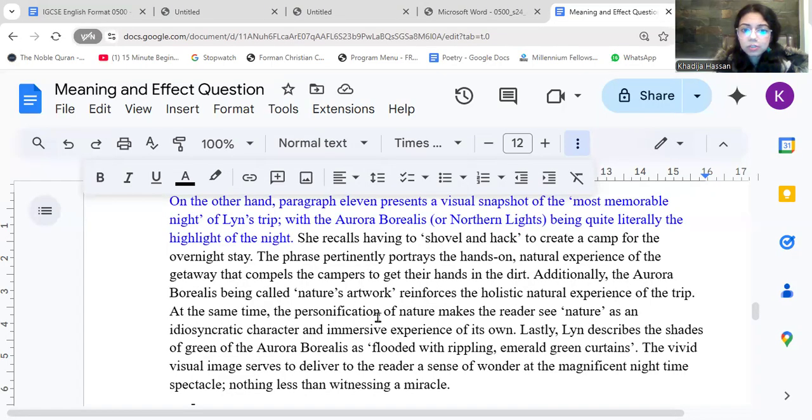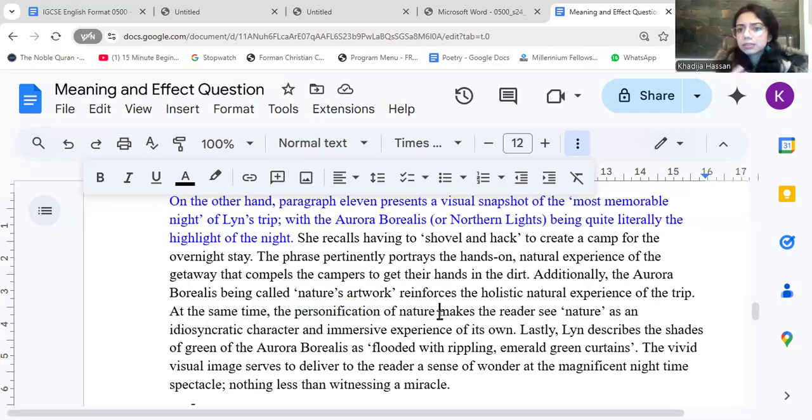At the same time, the personification of nature makes the reader see nature as an idiosyncratic character, an immersive experience of its own. So it's nature's artwork. Again, you don't have to use literary devices, but if you know of them, you can. Extra brownie point: personification.